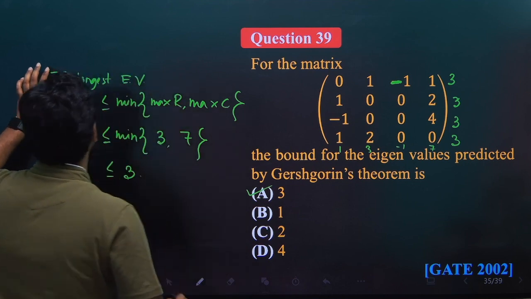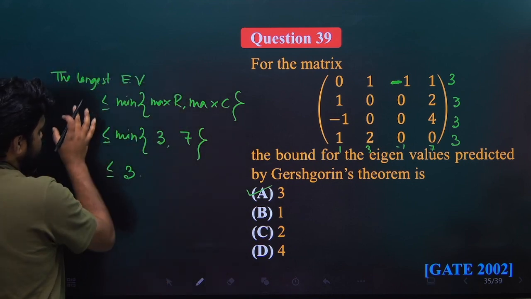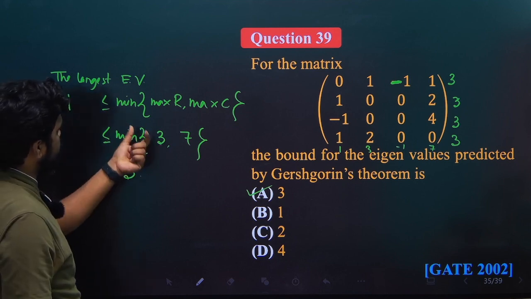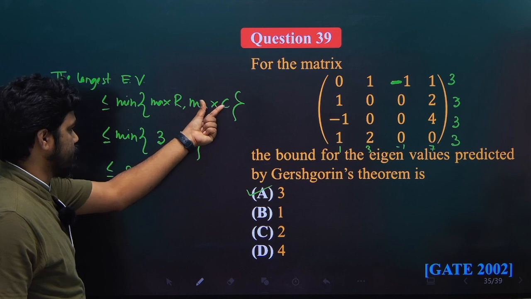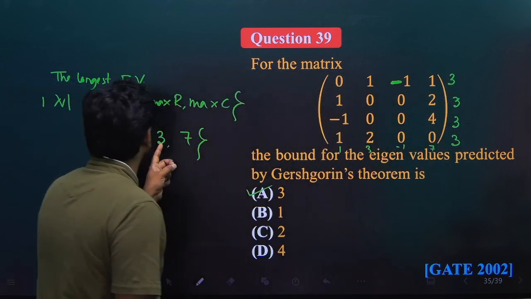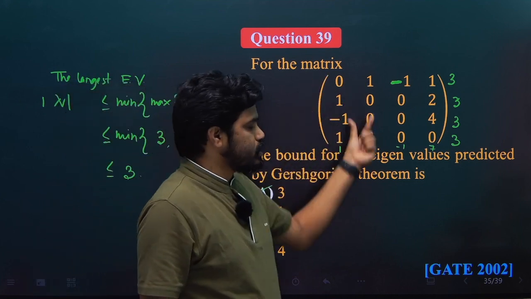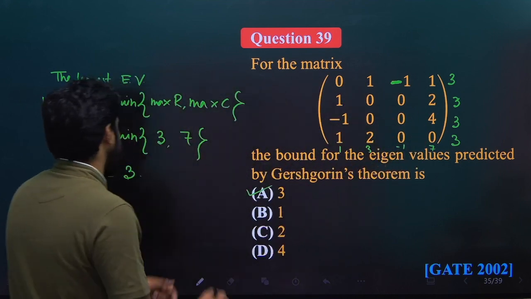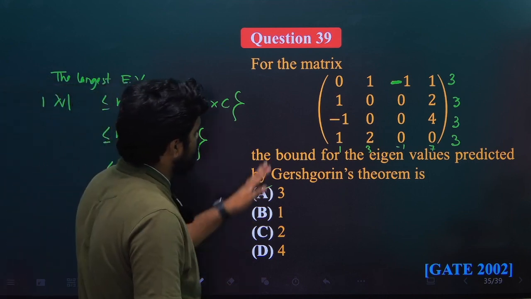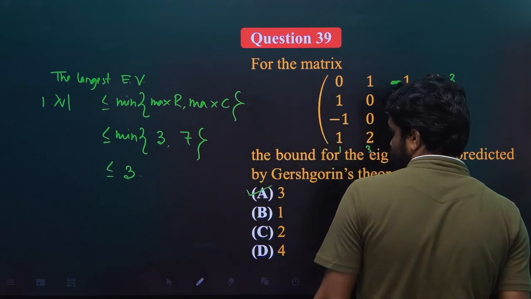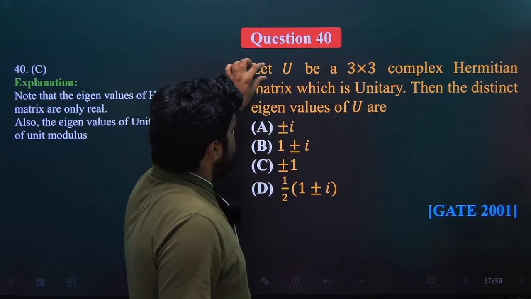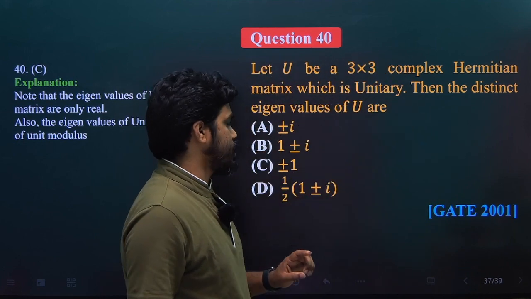The largest eigenvalue, modulus lambda, is less than or equal to the minimum of max R, max C. Sum each row and note the maximum value; sum each column and take the maximum. Of these two, the minimum is your largest eigenvalue bound. This question was asked in GATE exam 2002. So next example: let A be a 3x3 complex Hermitian matrix.